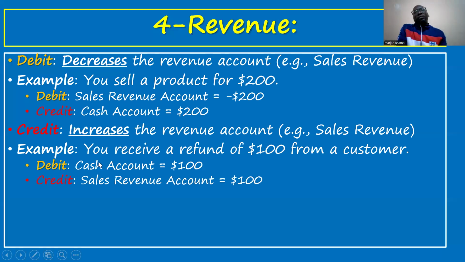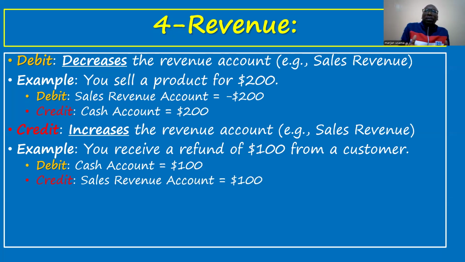Then the opposite, not the opposite, you receive a refund of $100 from a customer. A customer gives you a refund, you know? So what does that mean? For example, a customer bought some product and now the customer is paying, is refunding you.